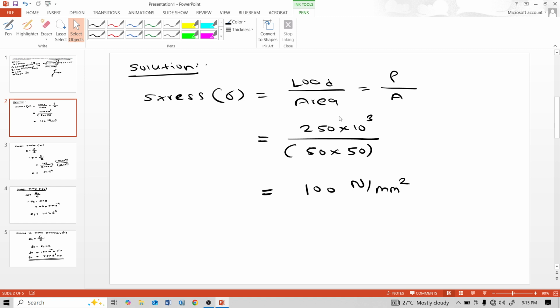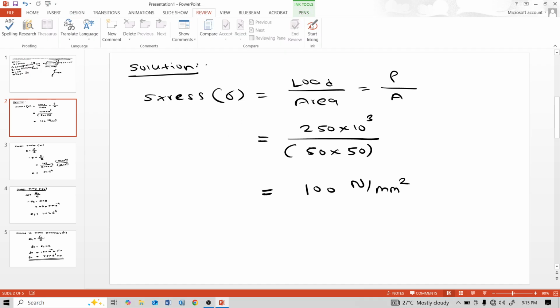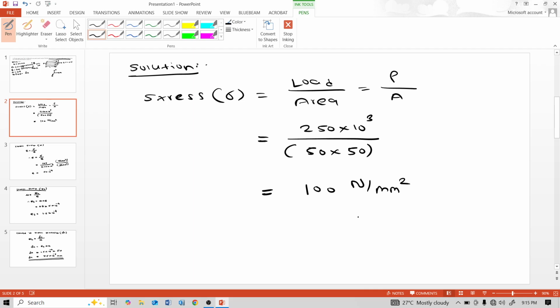Analysis of this problem: when we decrease the cross sectional area of this rectangular bar, stress comes more, and when we increase the cross sectional area, stress comes less. I write here for study and analysis purpose.